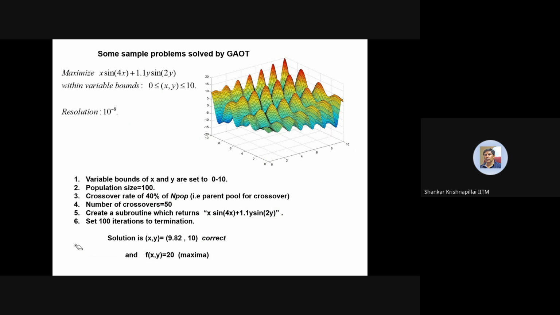So f of x, y is equal to 20. Okay, so this is the correct answer. F of x, y equal to 20. So it has identified the correct peak. Then x is equal to 9.82, and you can see a small gap here, like 0.18 or something.